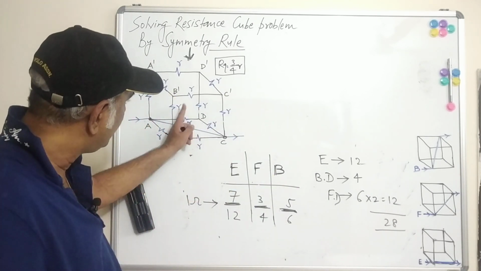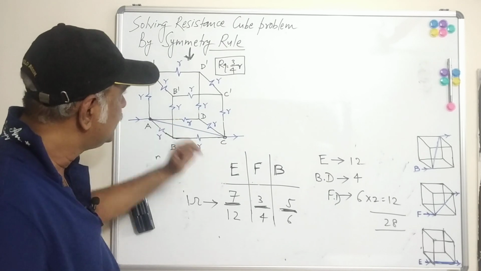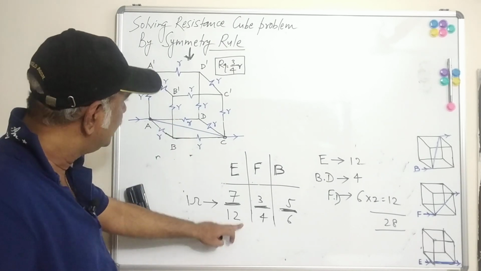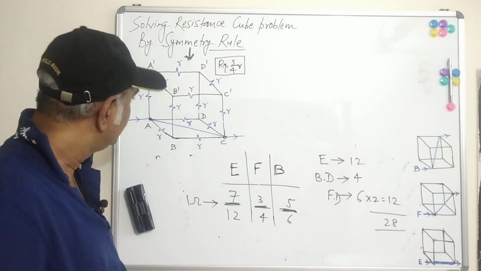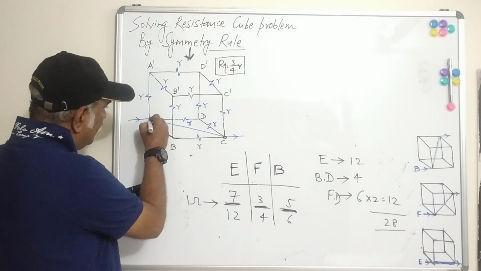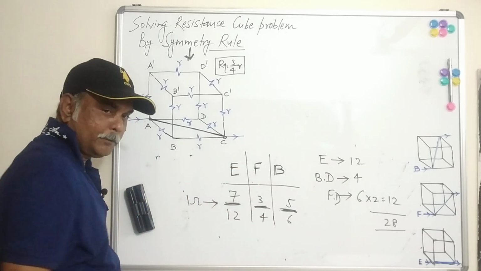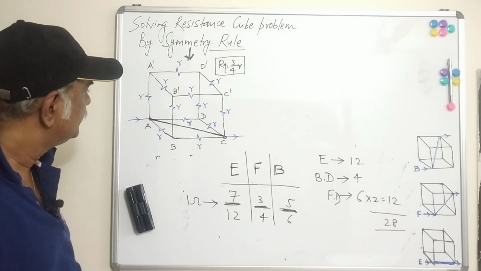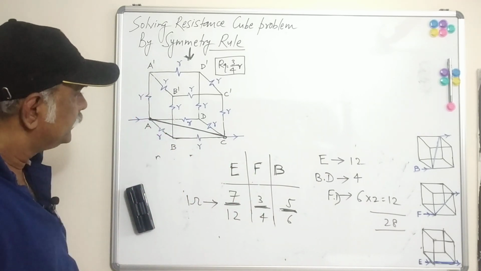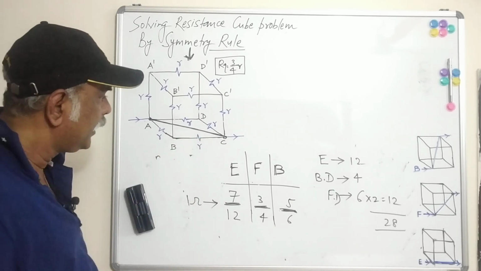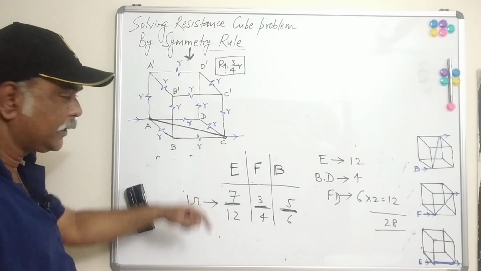Now, we have right now solved this question. So let us check whether this trick applies here or not. We found the equivalent resistance across AC. What is AC? Is it an edge? Is it a body diagonal? Or is it a face diagonal?